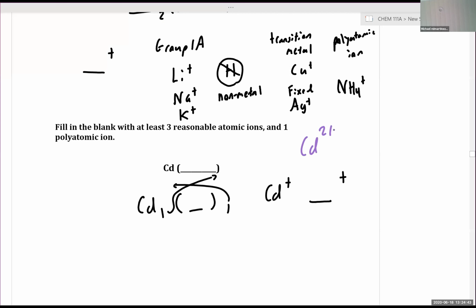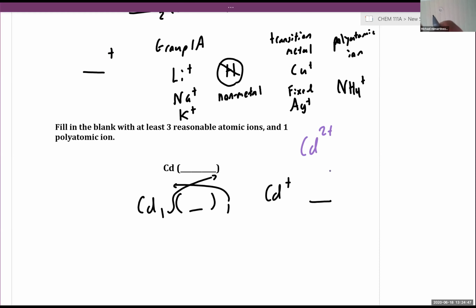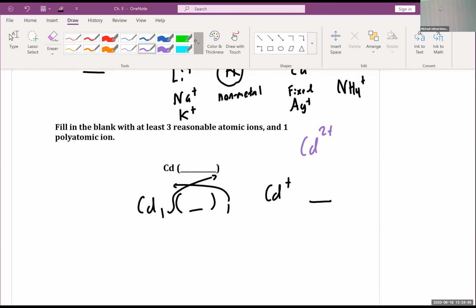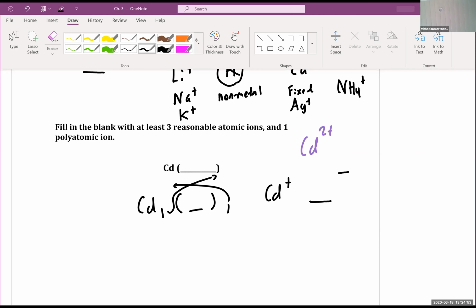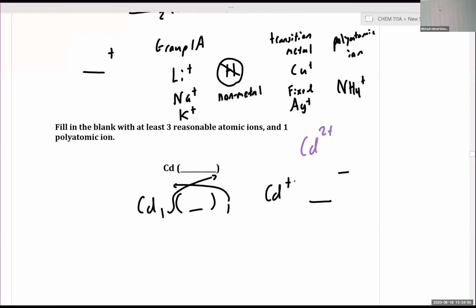Two plus, exactly. Since cadmium has a charge of 2 plus, we're going to multiply each of our charges by 2. That in turn gives us cadmium 2 plus and blank 2 minus.